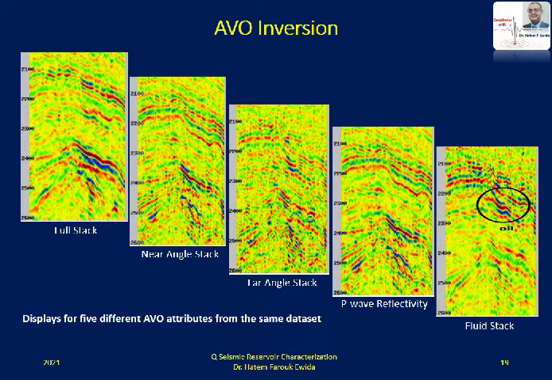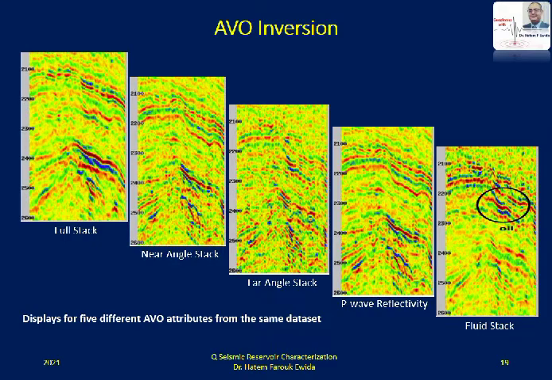All of these are included in the full stack. The full stack is the normal stack, the normal use of the seismic data. But I can get these attributes to estimate the physical parameters, those rock physics parameters that we were talking about from the beginning of the lecture.